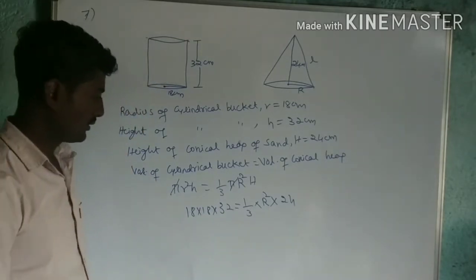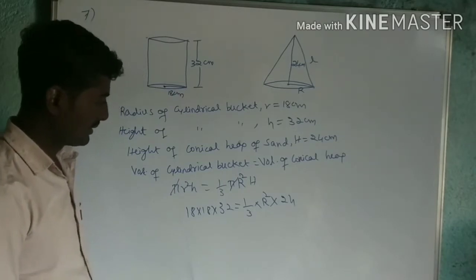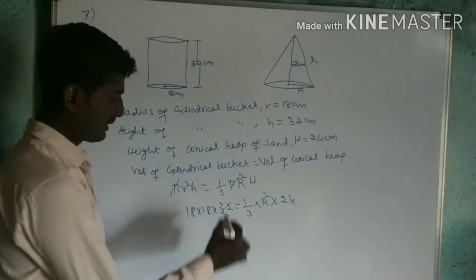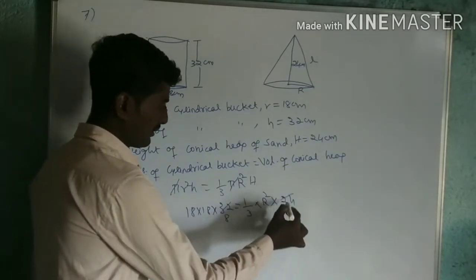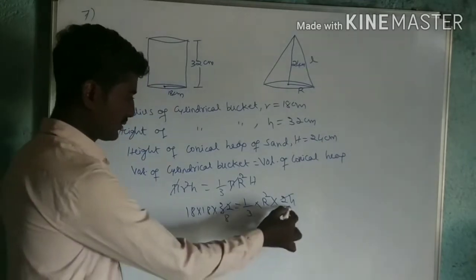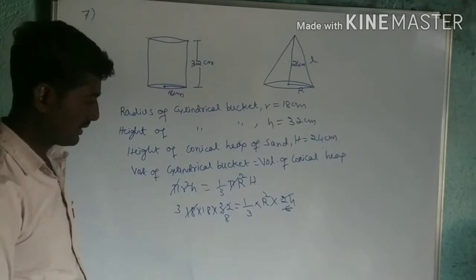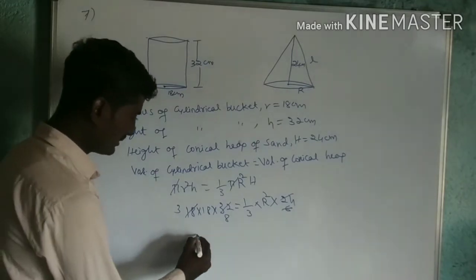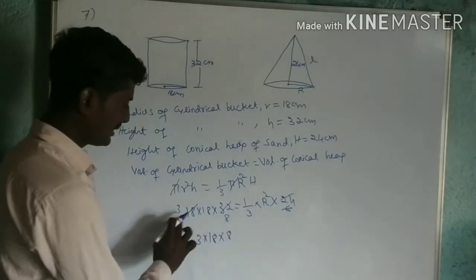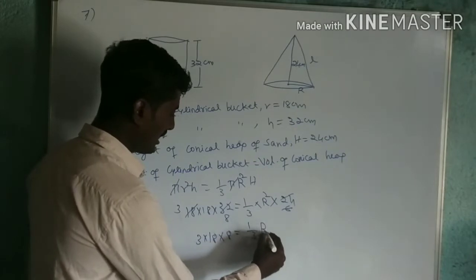Now, let us simplify this. 4 8s are 32, 4 6s are 24, 6 1s are 6, 6 3s are 18. Okay. Now remaining left side 3 18 8, 3 18 8 is equal to 1 by 3 R square.